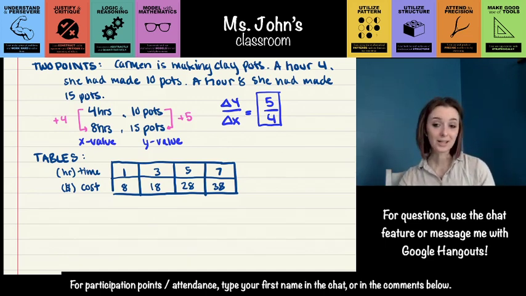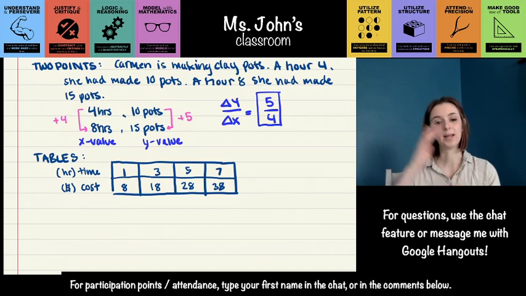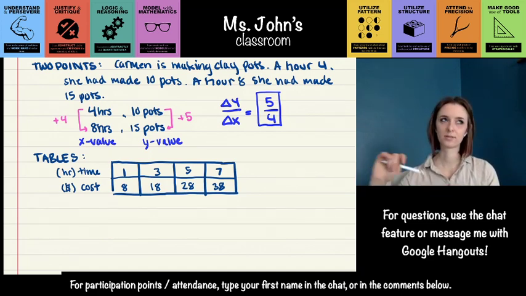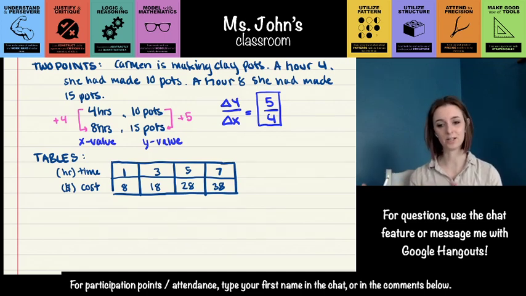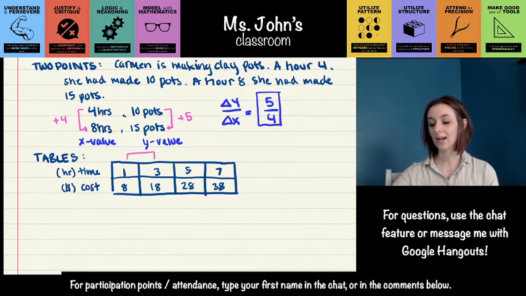So all we're looking at is how much the cost goes up for each jump in hours. We could use each of these points, but it doesn't matter, we're just looking at 2. The hours go up by 2. From 1 to 3, that's plus 2 hours. And then the cost goes up by 10.